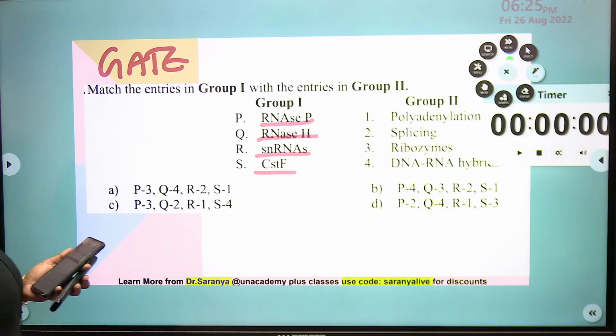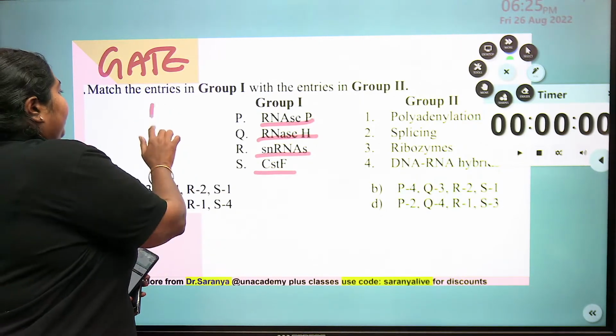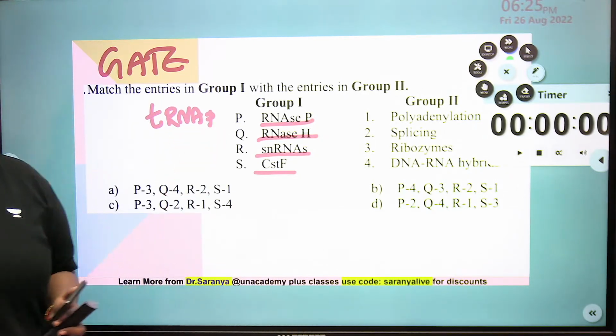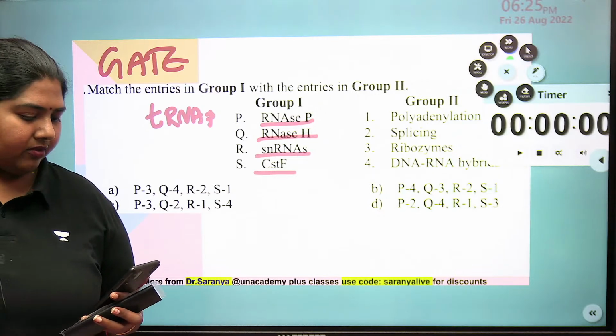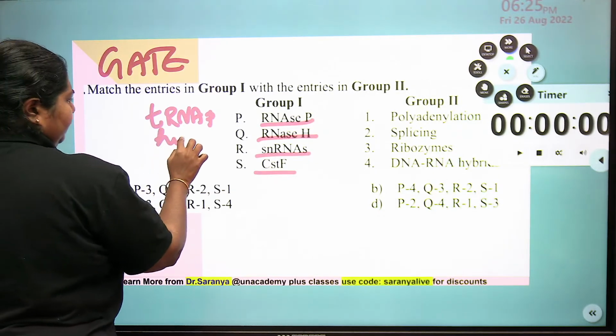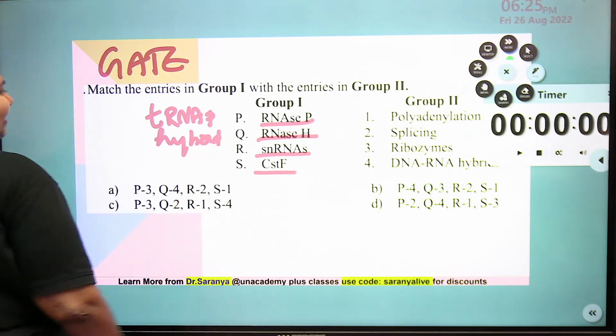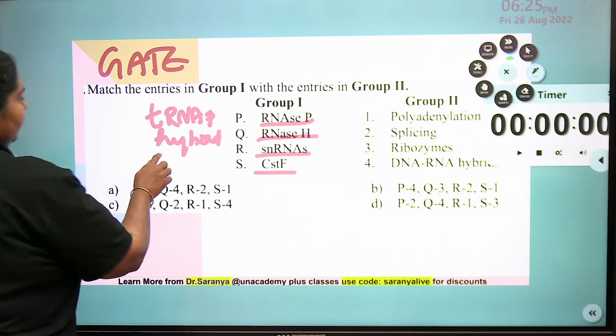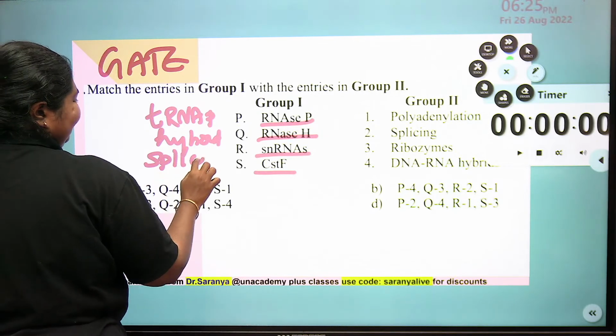RNase P: where did you study this? Somewhere in your tRNA processing. Then, where did you study RNase H? To remove your hybrid? Somewhere you read? What about your snRNA? It is in your spliceosome complex.